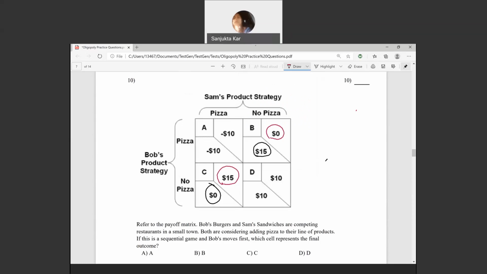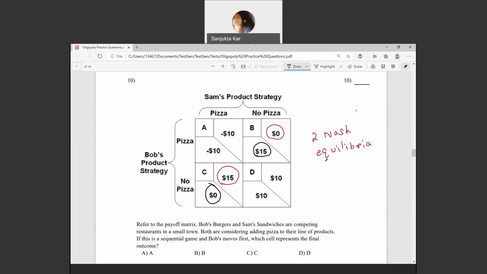Okay, so we have two Nash equilibria in this game. But this is where we need to be really careful about what the question is asking.